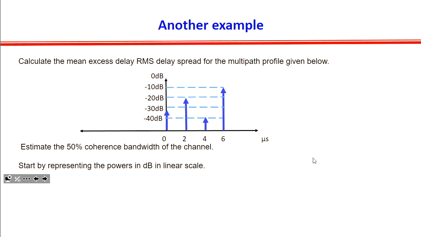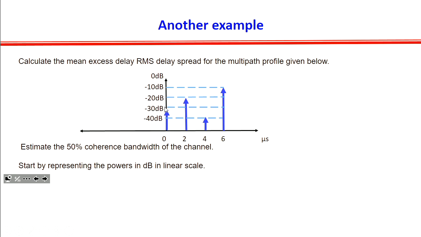So there may be only just 2 reflections. The delay spread may be long, but there may be only 2 components arriving with certain delay between the 2 components. That's a possibility. So this is what we have shown here.